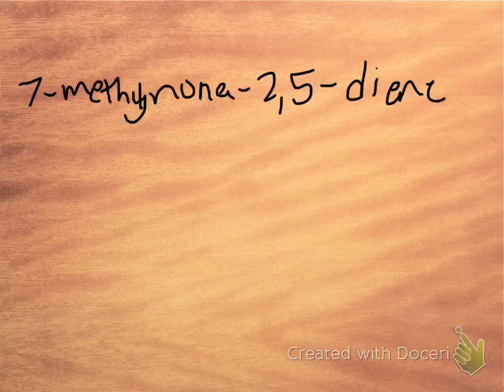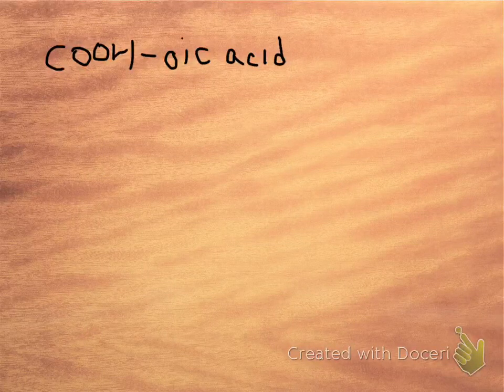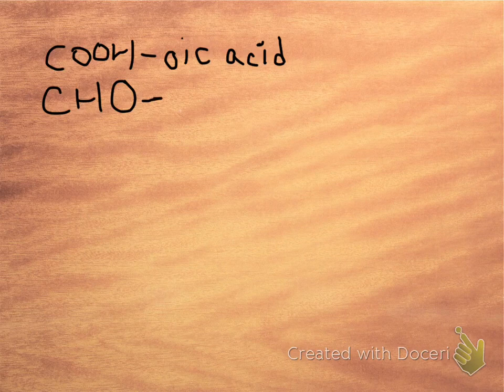Now in the final, let's check what changes we should make when we have a secondary suffix. First we learned about COOH, which will be oic acid. Then our next one is COO, which will be oate.